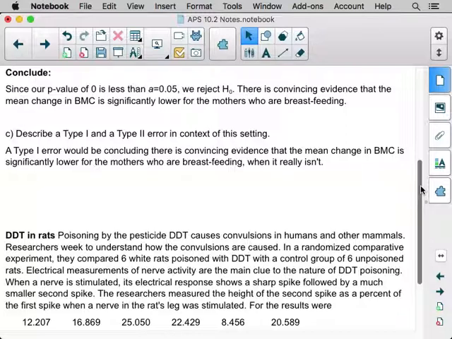And then what's type 2 again, generically? Type 2 is you didn't find evidence, but you should have. Yes, when you fail to reject what you should have rejected.